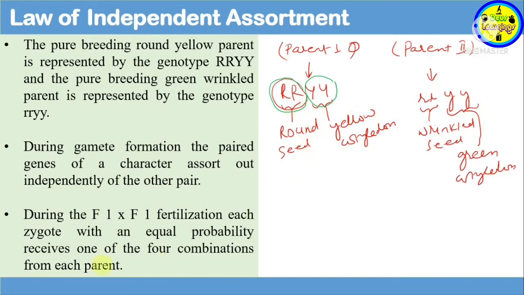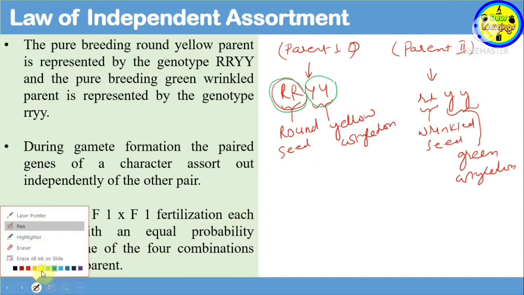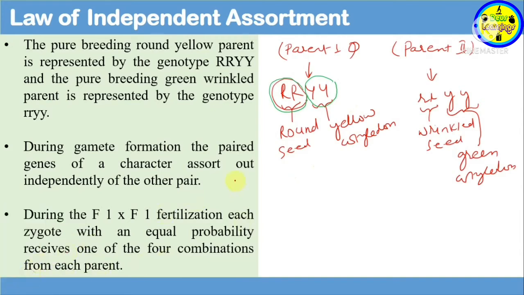So it will be like R and Y. Similarly, R and Y. They assort independently from one another. Okay, clear?